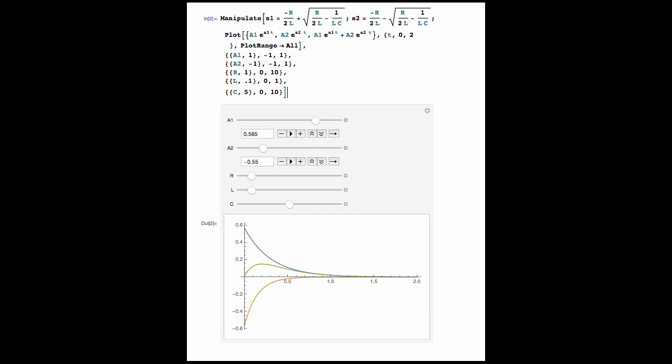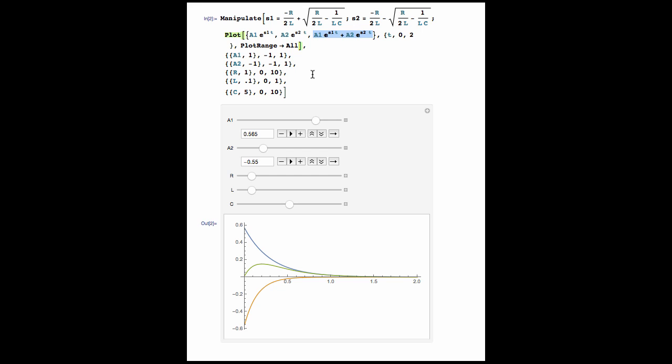What you notice about this interactive Mathematica model is that you can see the two exponentials, the orange one and the blue one, and when you add these together, the sum gives you this green line here.